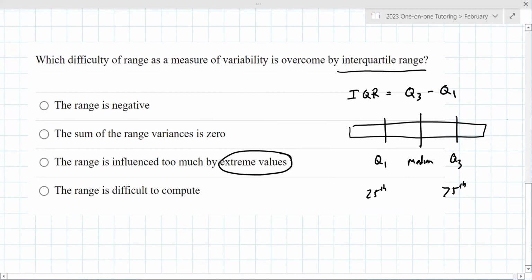Let's say we added another score up here to the right. The interquartile range might adjust, but only a tiny bit, whereas the range, which is the max to the min, is going to stretch based on that extra point at the end.